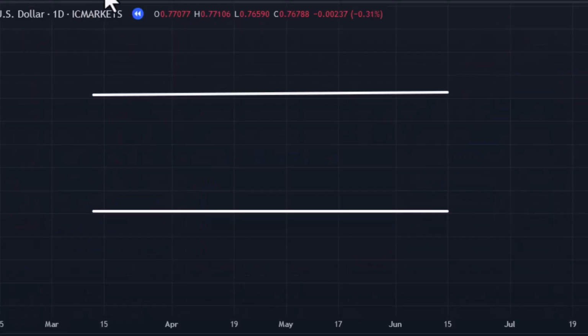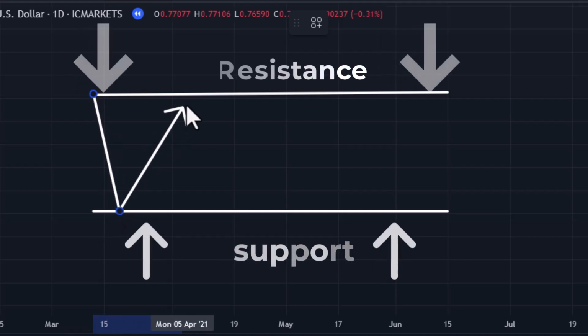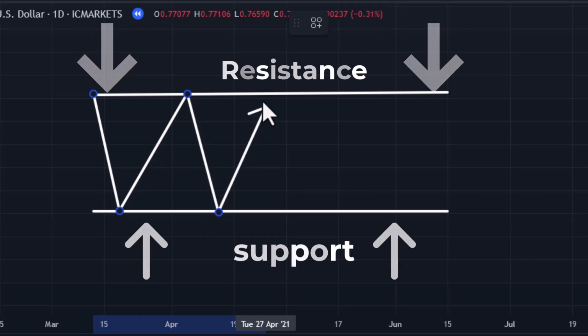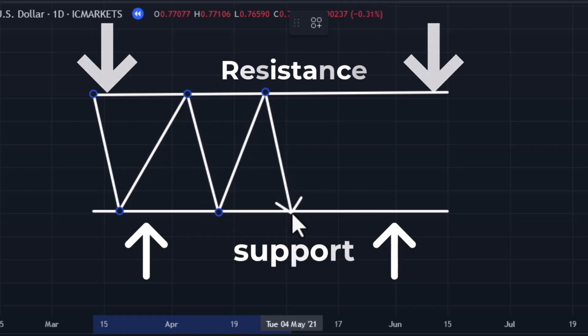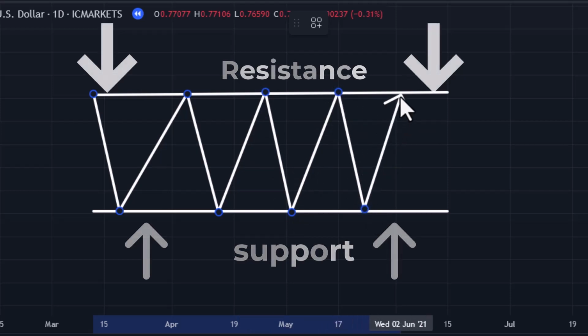What is a rectangular pattern? A rectangular pattern forms when the price moves between horizontal support and resistance levels, indicating a consolidation phase. It helps traders anticipate a breakout or reversal, providing lucrative opportunities.